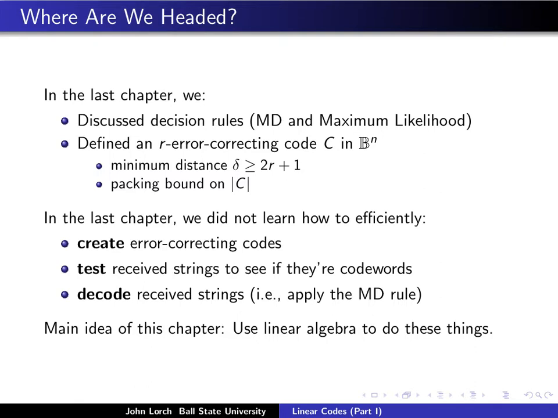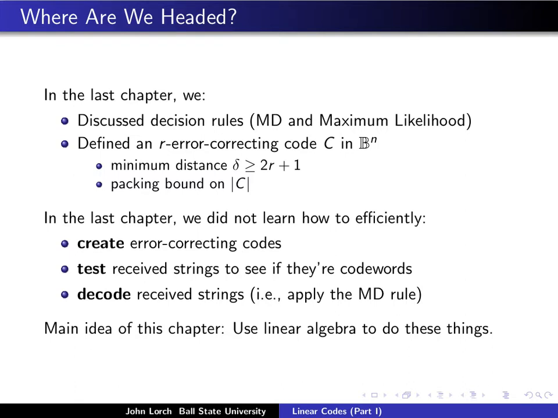However, aside from those facts about r-error correcting codes, we didn't do very much, really. For instance, we never learned any sort of systematic way for creating error-correcting codes. We never learned a really systematic way to test received strings to see if they're code words, other than just brute force comparison to every single code word.